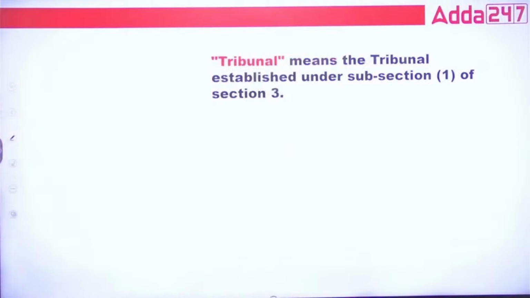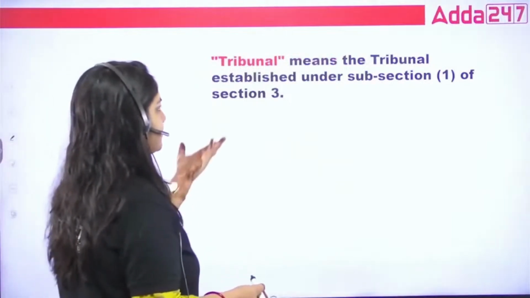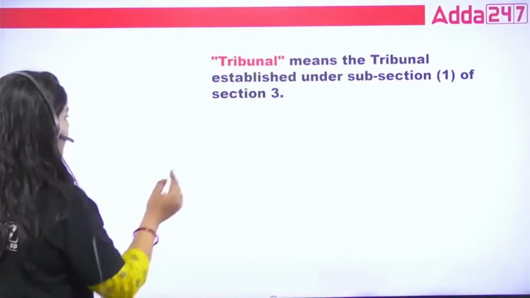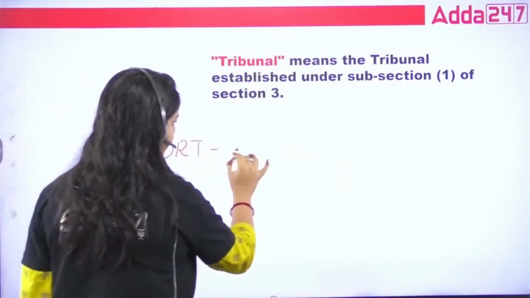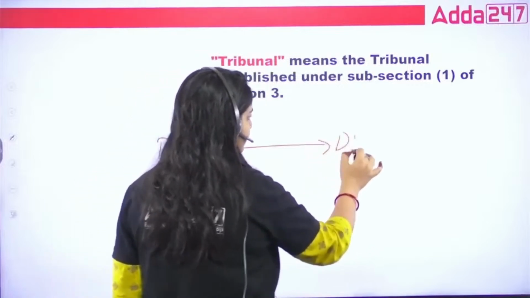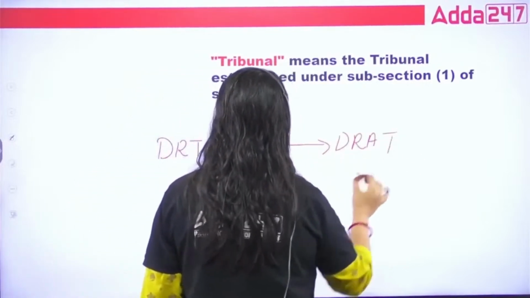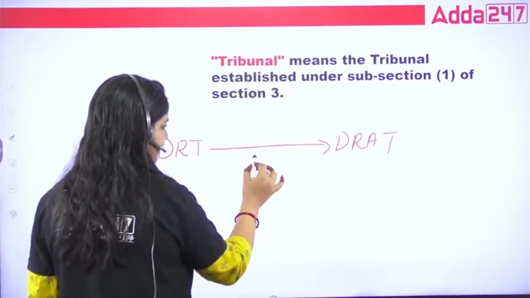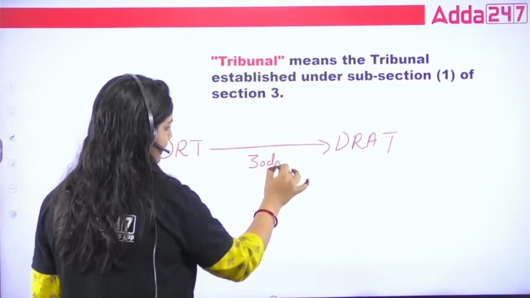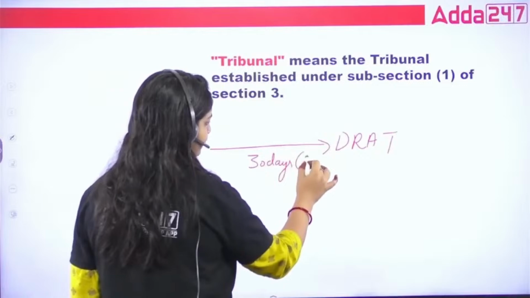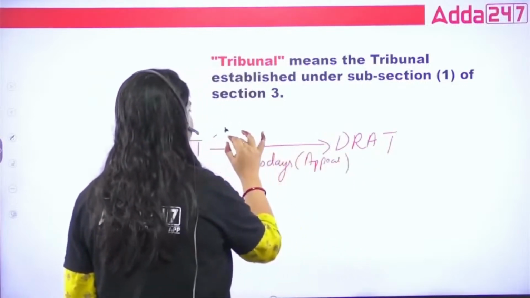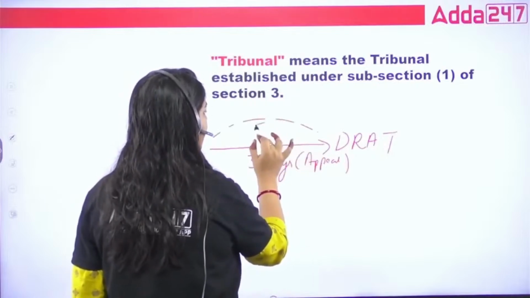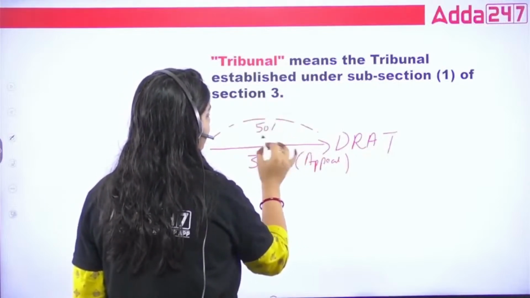What is a tribunal? The tribunal established under this act, that is the DRT. Okay. Now, one more thing that you have to remember about the DRT. It's a quick revision. If you go to the DRT, within 30 days you can appeal and you have to deposit 50% of the amount.